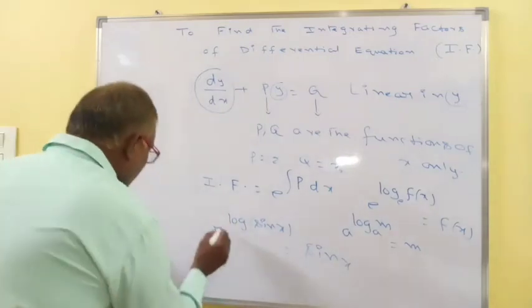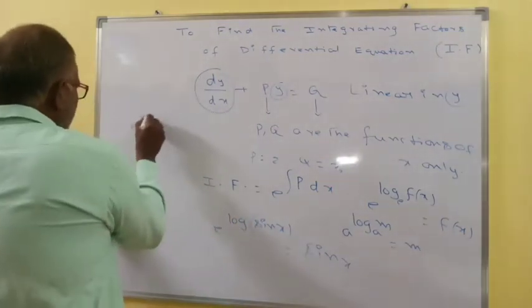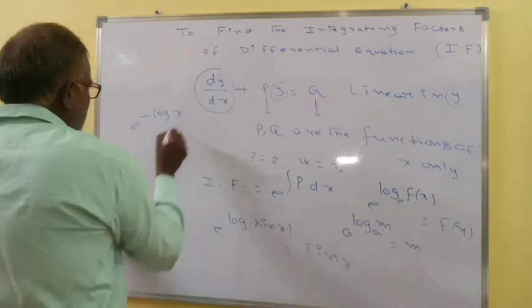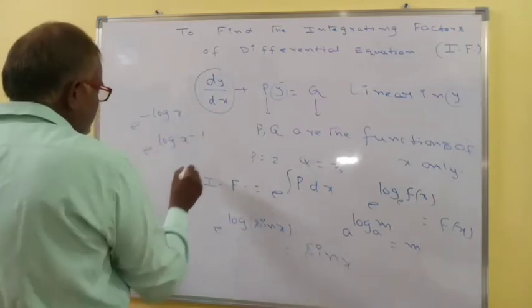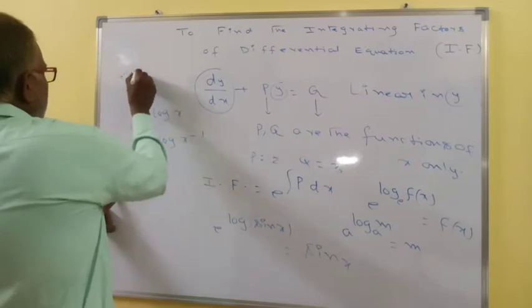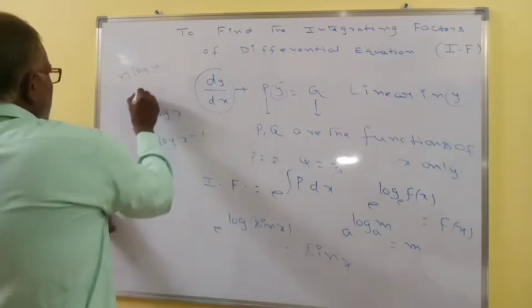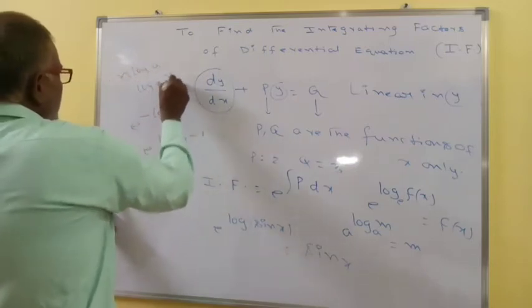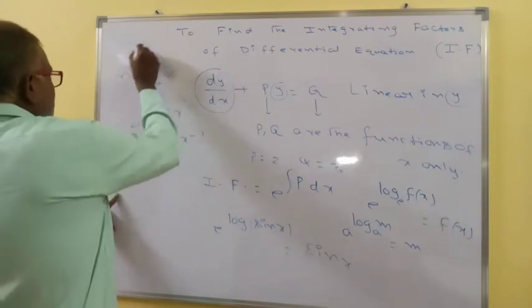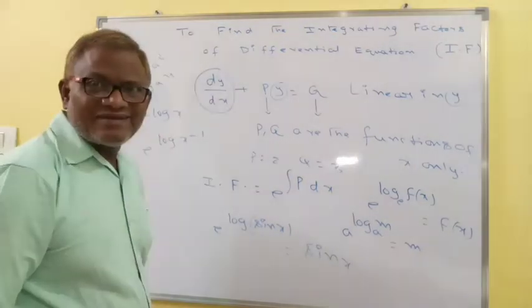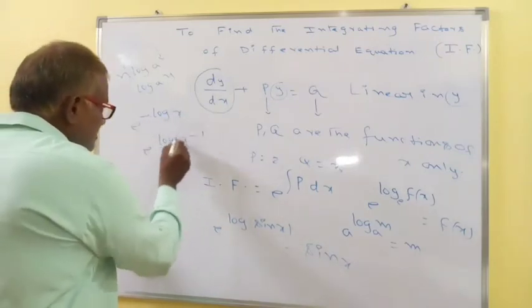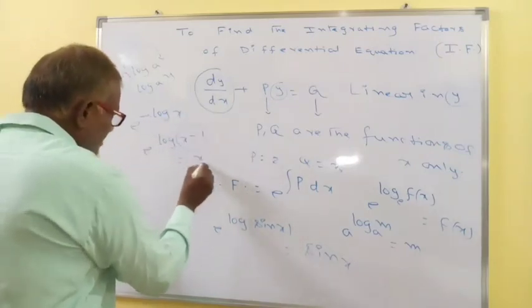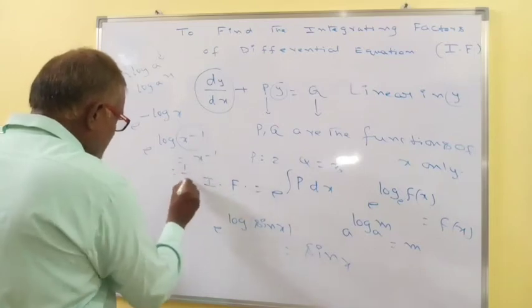Suppose the same one, with minus log x there. Here you can write x power minus 1, because n into log a is equal to log a power n. The multiplier becomes the power. So minus log x becomes x power minus 1, which is 1 by x.